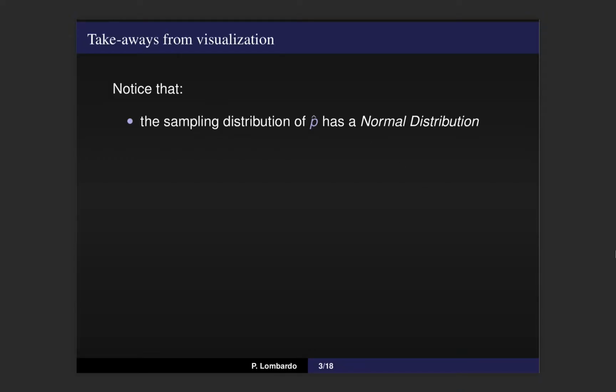There are a couple of key takeaways from this visualization. First of all, notice that the sampling distribution of p-hat, whether we were doing the actual distribution or the null distribution, ended up having a nice bell-shaped curve. In the visualization, I said that could be either the t or the z distribution.